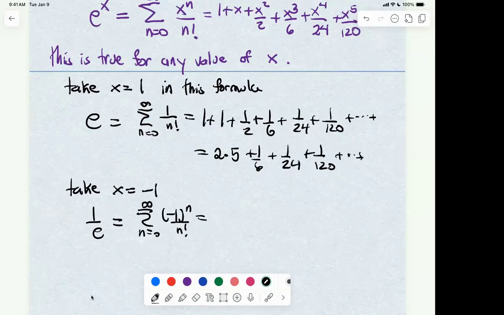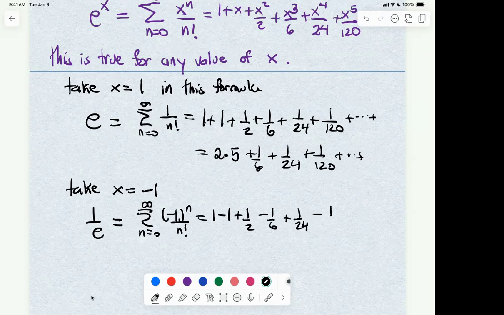So it's 1 minus 1 plus 1/2 minus 1/6 plus 1 over 24 minus 1 over 120, dot dot dot.